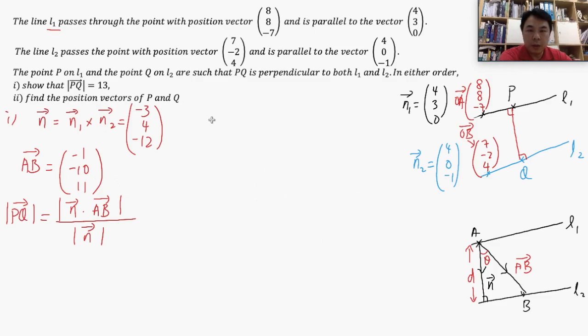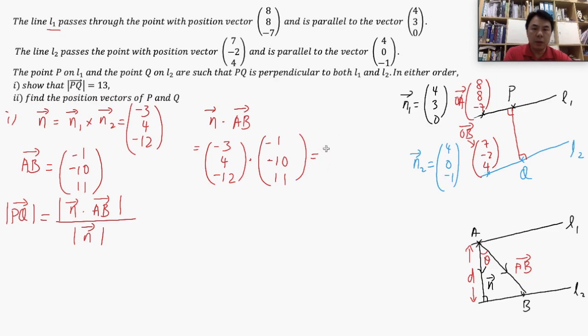The first step is to get the scalar product between the directional vector that is perpendicular to L1 and L2 with the position vector AB. So from here, we have -3, 4, -12, scalar product with -1, -10, and 11.